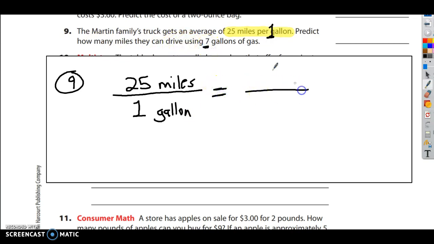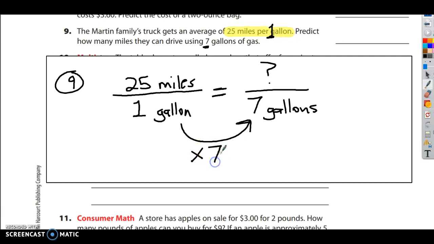I don't know how many miles it is, but I know I'm going 7 gallons. And now you might be able to see the math problem. To get from 1 gallon to 7 gallons, you multiply by 7. So to get the number of miles, you multiply by 7. 25 times 7 is 175 miles.